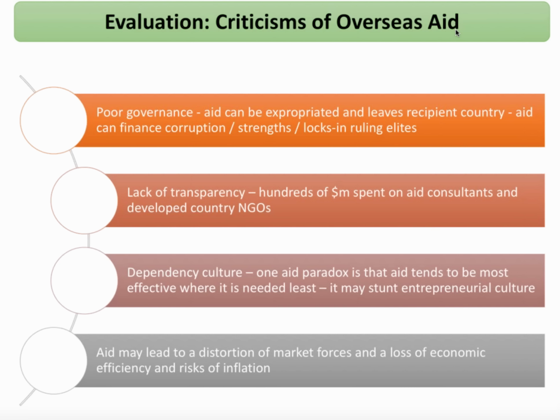Lots of big issues about how the money is spent and people not knowing where their pounds are going. A lot of the money gets spent on consultants whose marginal product is often zero. And aid may actually lead to a dependency culture, which might stunt and restrict genuine entrepreneurship. And things like humanitarian aid, food relief, can distort the working of markets, particularly if it causes prices to fall and damages the incentives for producers.